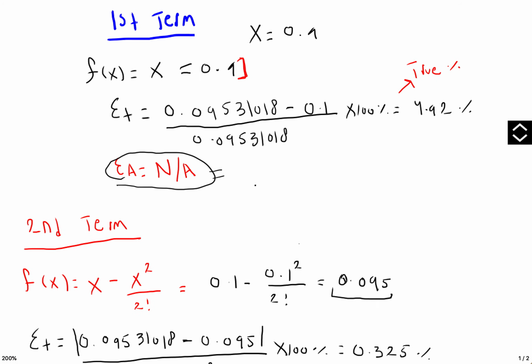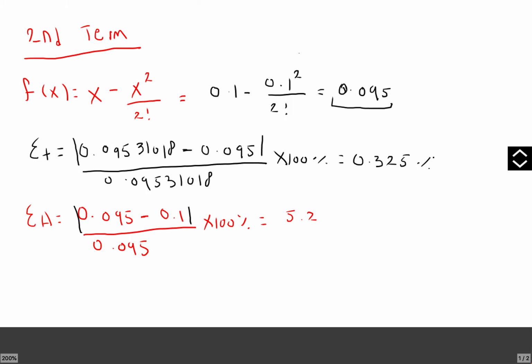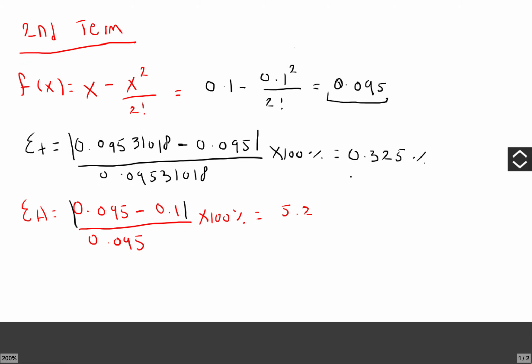And if you're going to take away anything from this question, you're going to see that your initial ET actually converged. Your percentage between your ln 1.1 and your Maclaurin series kept getting smaller. The first time we got 4.92%, whereas when we used two terms, we got 0.325.